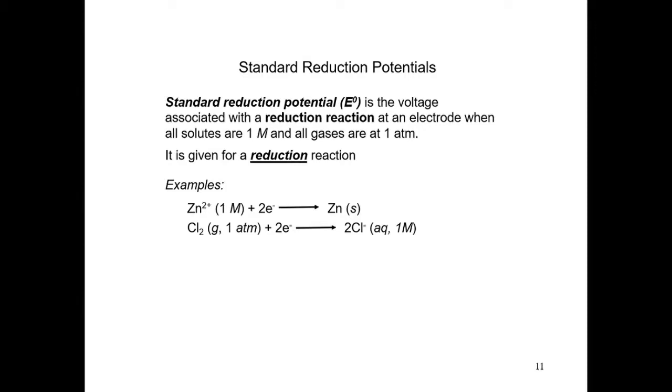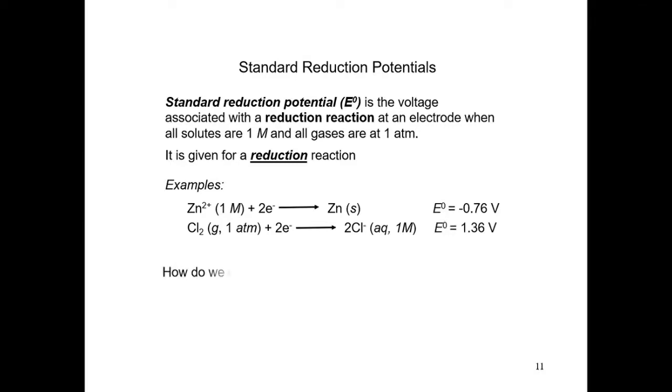And then, as you can see, the products, chloride ions, are in aqueous solution at 1 molar. Like I said, you have to indicate the conditions here. The standard reduction potential for the reduction of zinc ions is negative 0.76 volts. And for the reduction of chlorine gas, it's 1.36 volts.